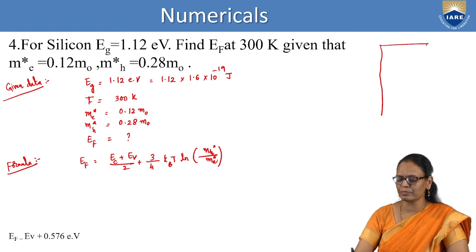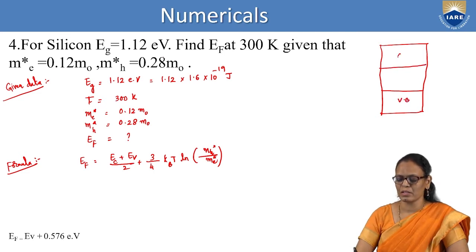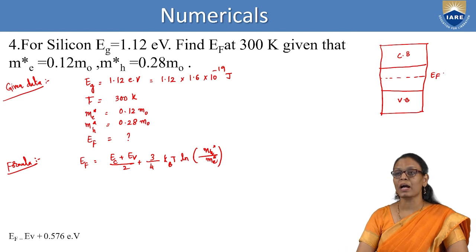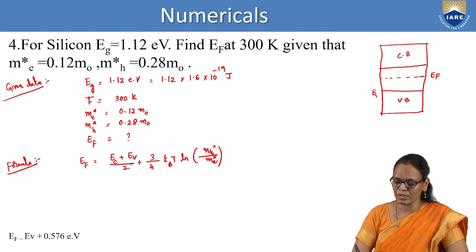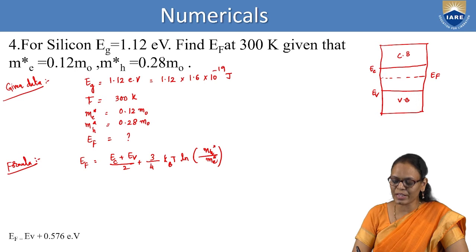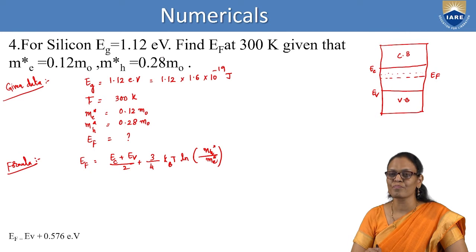We will take the energy level diagram. This is the valence band. This is the conduction band. Now the Fermi level is here, EF, exactly in between EV and EC at 0 Kelvin. So we have to find EF at 300 Kelvin. From here, how much it is going to shift, we have to find the position of the Fermi level. So in terms of EG, we have to write.